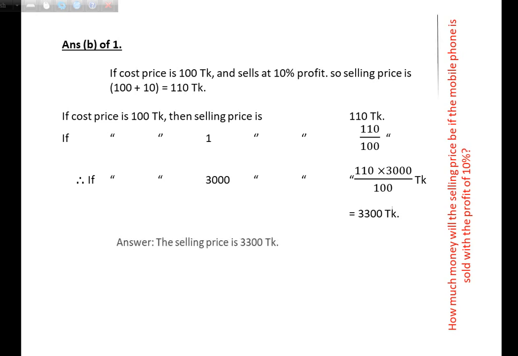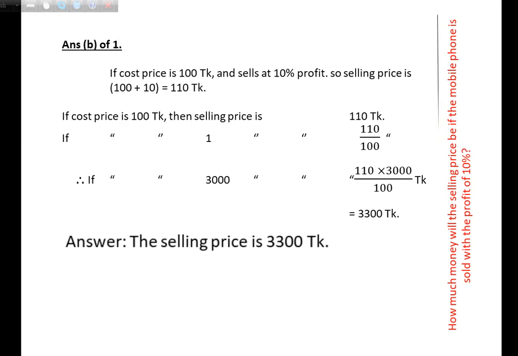It is the answer to this question. In this way we can solve any percentage-related question in a similar and very easy way. I think you will solve this type of question at home by practicing yourself.